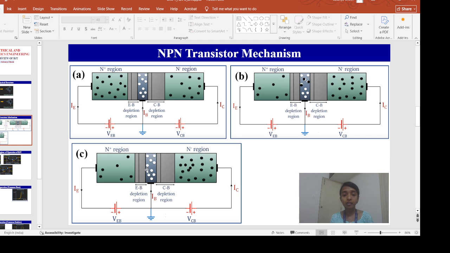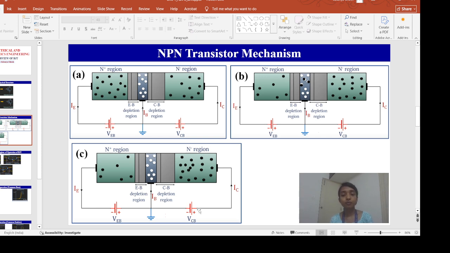So in this case, most of the electrons will reach this collector region, and finally collector current will be flowing through the circuit, okay. This is the basic mechanism of the NPN transistor, okay.